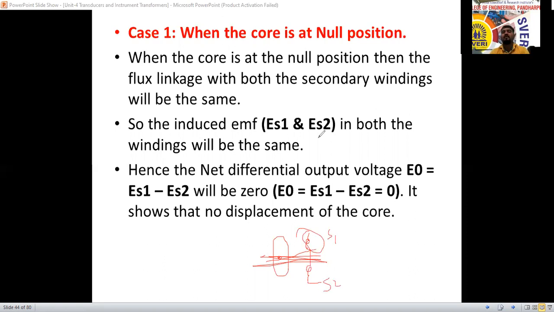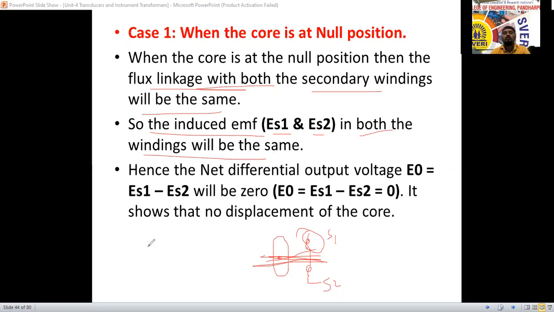So when the core is at null position, the flux linkage with both the secondary windings will be the same. Equally it is linking, which means the EMF induced in both the secondary windings will be the same. So the induced EMF in secondary winding S1 is ES1 and in S2 is ES2, and both will be the same.